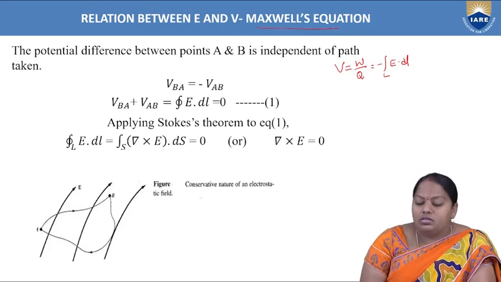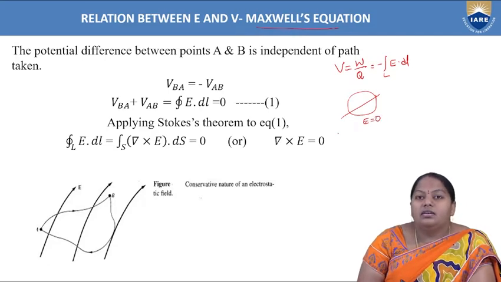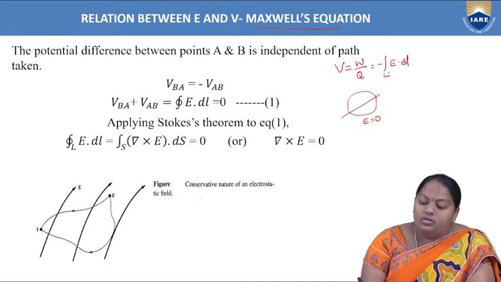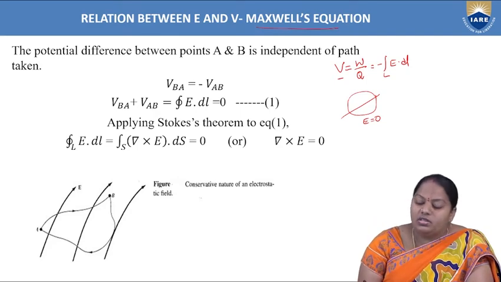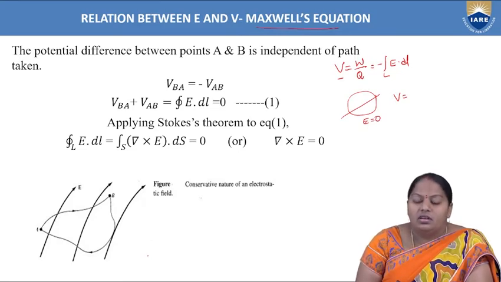In any closed path, inside the closed path E equal to 0. Then integral L E dot dl becomes 0, hence potential becomes 0. This is the way we have learned the definition of electric potential V for point charges and continuous charge distributions, which we discussed in the previous lecture.